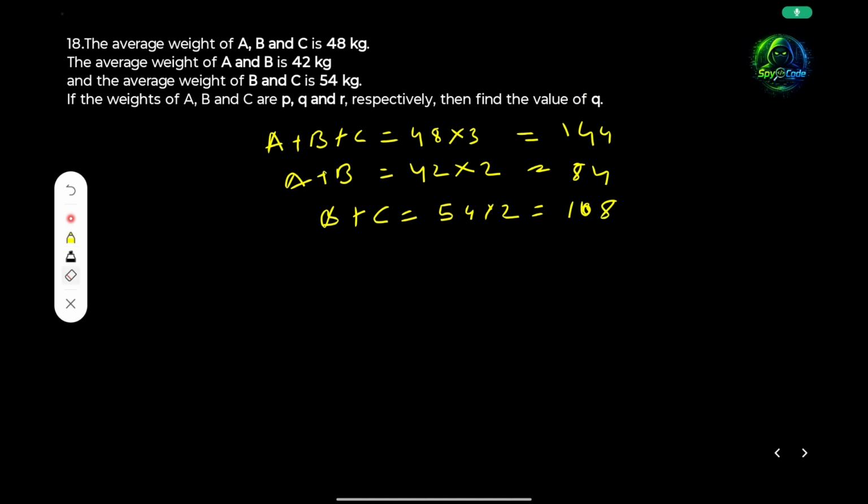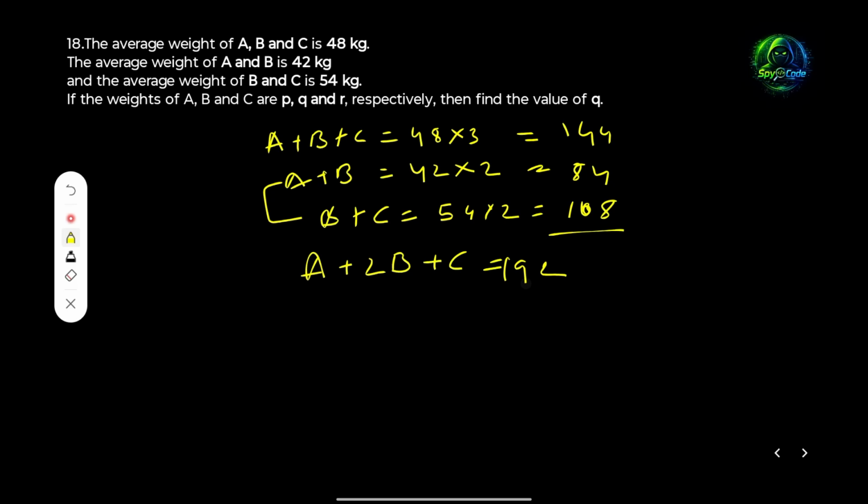So let us add these equations here. It will become A plus 2B plus C, which is equal to, when we add both, around 192.